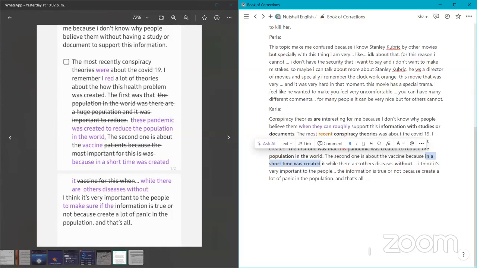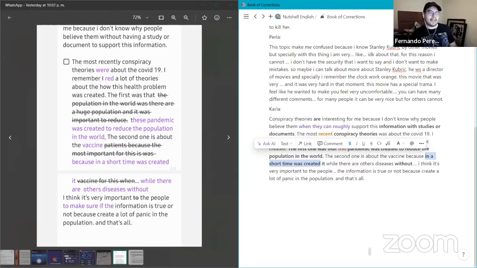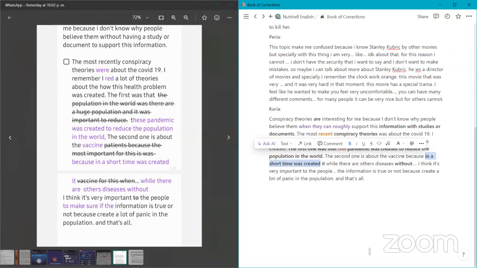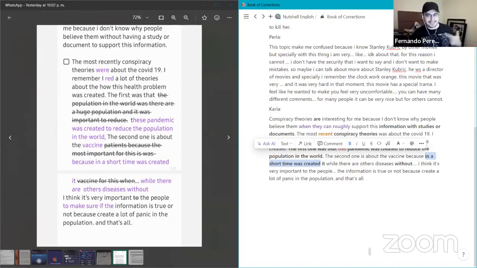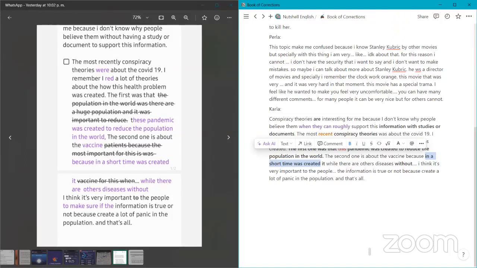So, about the vaccine was created in a short time. No, it's a better structure to order ideas. Eliminate about. The second one is, the vaccine was created in a short time.